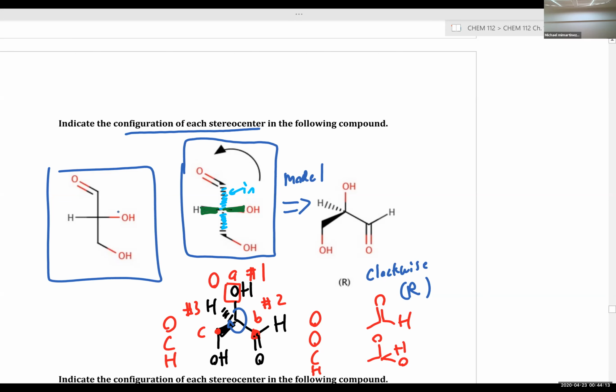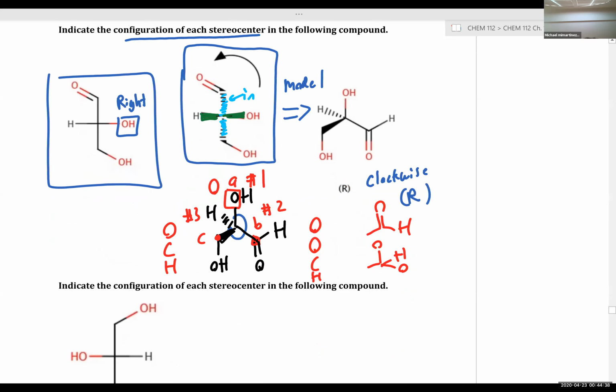Now, I just want us to take a note really quickly that if the OH is on the right-hand side, in this case, we observed an R configuration. This is not always the case, but it's a general trend that we see in many of our Fischer projections. What I would always recommend is that you do this kind of configuration assignment from scratch, just like we did together.